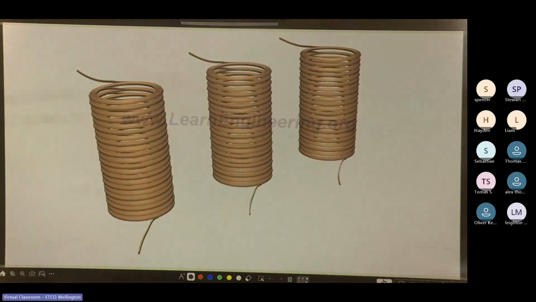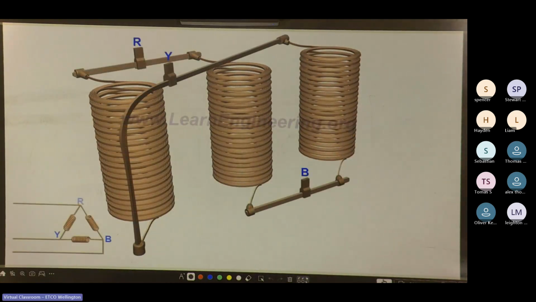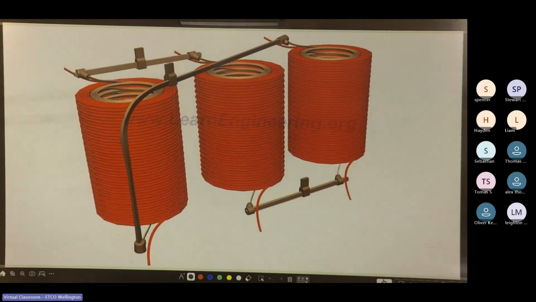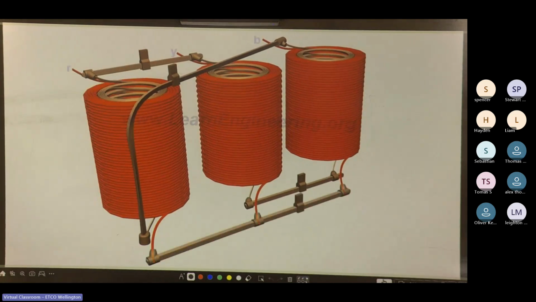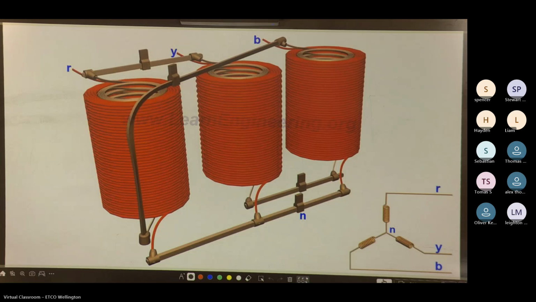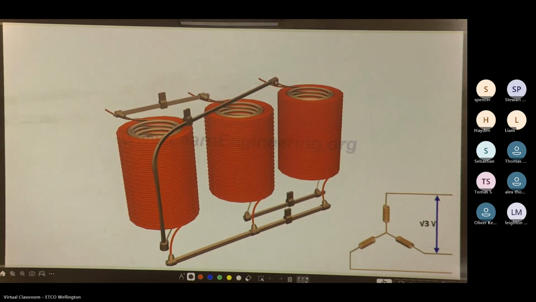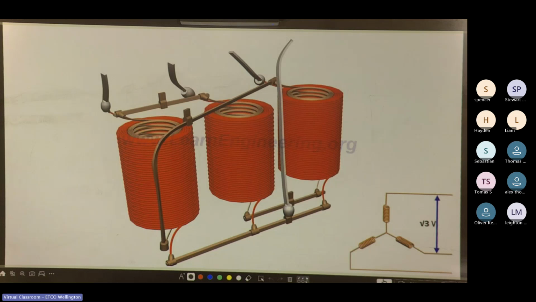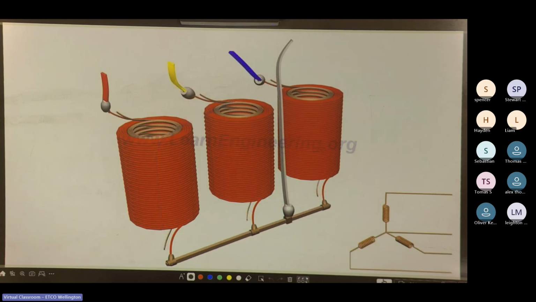The low voltage windings are connected in a delta configuration, and the high voltage windings are connected in a star configuration. Thus, the line voltage further rises to root 3 times at high voltage side. This also means that from a three-phase step-up transformer, we can draw 4 output wires, 3 phase power wires, and 1 neutral.